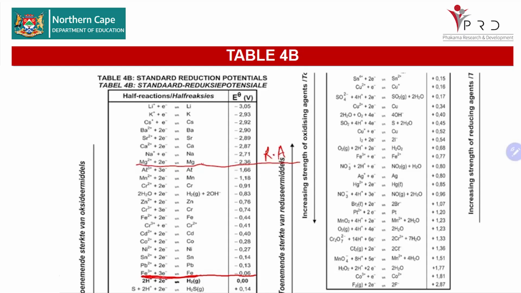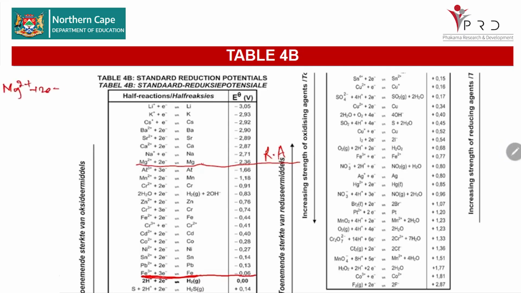So that is the one, and that is negative 0.06. Now, maybe I can show you another method of doing this type of question. When you are given two substances that appear in the table, using table 4B, remember galvanic cell question 8. We are given Mg2+ plus 2 electrons.